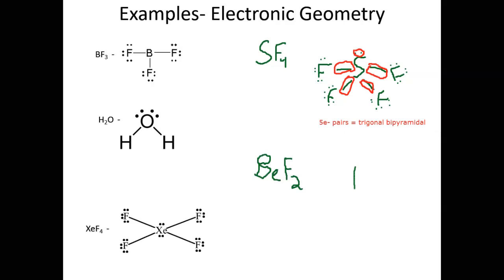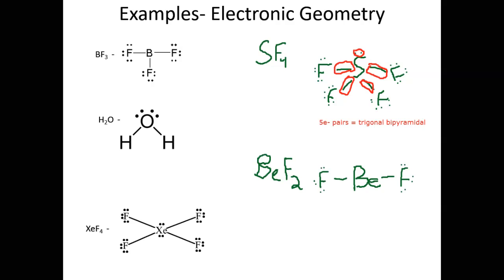So we draw the beryllium, we connect it to the 2 fluorines, then we put in our lone pairs. I'll try to do this one a little bit better. So this is the Lewis structure of beryllium difluoride.